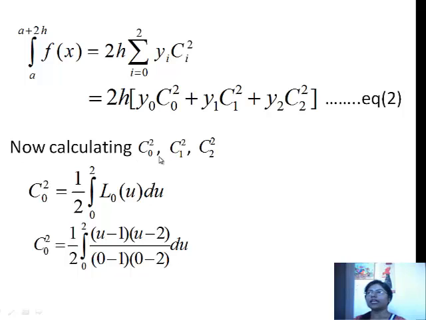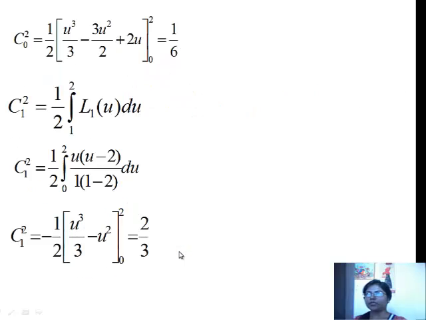Now if we calculate individually the values of c0, c1 and c2 square, c0 square equals 1 upon 2 integration of L0(u) du from 0 to 2. If we actually solve it out, we get 1 upon 2 integration from 0 to 2 of (u minus 1) into (u minus 2) upon (0 minus 1) into (0 minus 2) du.